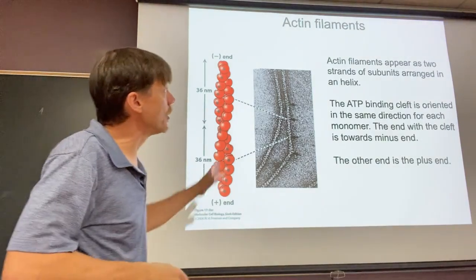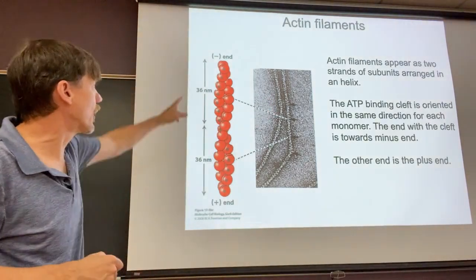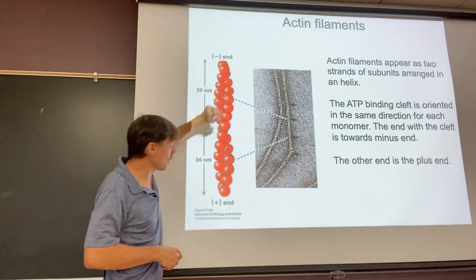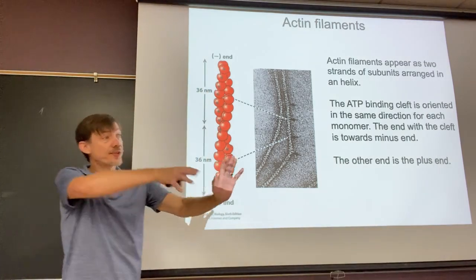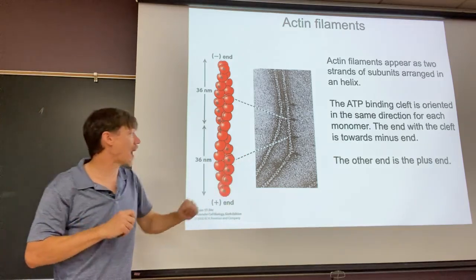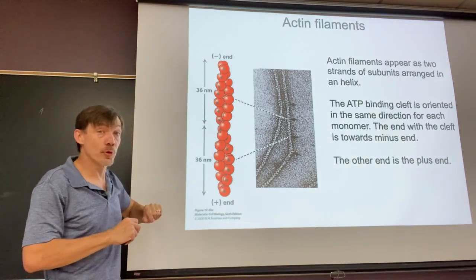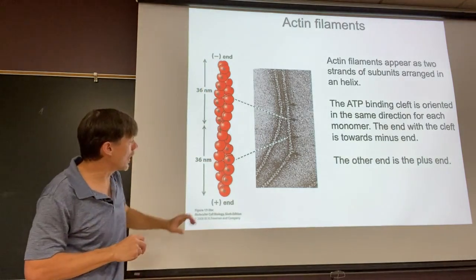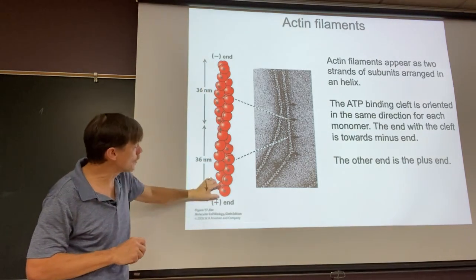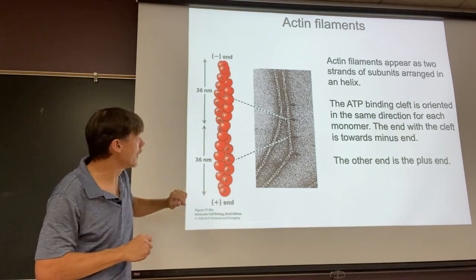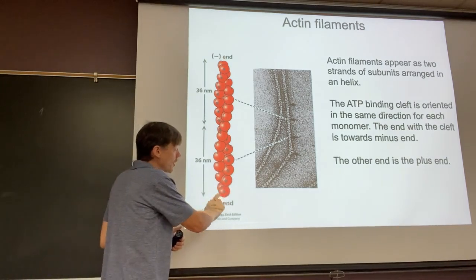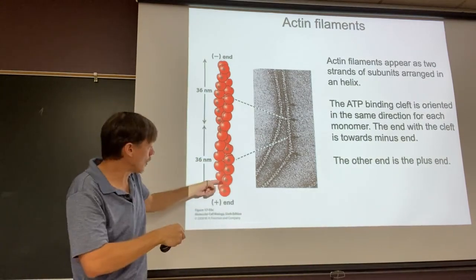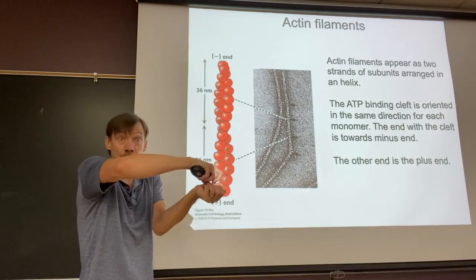So actin filaments appear as two strands arranged in a helix. If we've got our actin filament here, as I mentioned, cells are polar structures. They have a front and a back. Actin filaments are polar structures. They have a plus end and a minus end. And when we look at the subunits themselves, we also have a polarity. If you focus in here, you'll notice that in the cartoon, there's a little dimple or a little cleft in each one of those subunits.